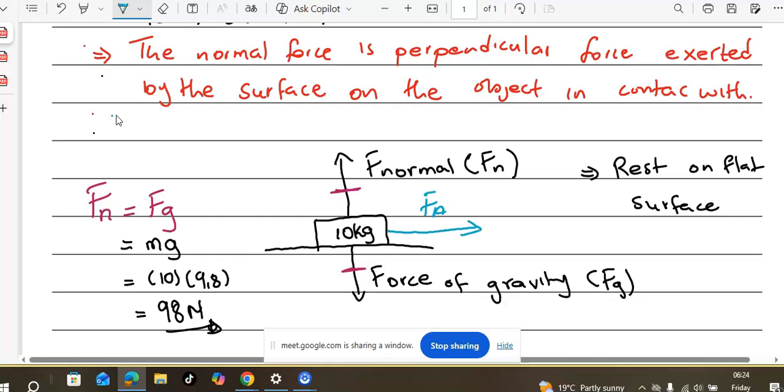This is F applied. Now let's calculate the normal force. We said that Fn is equal to mg, which is Fg, where the mass is 10 and this is 9.8. Then what is the answer? 98 Newtons. So now, what do we notice? That the horizontal force has no effect on the normal force.